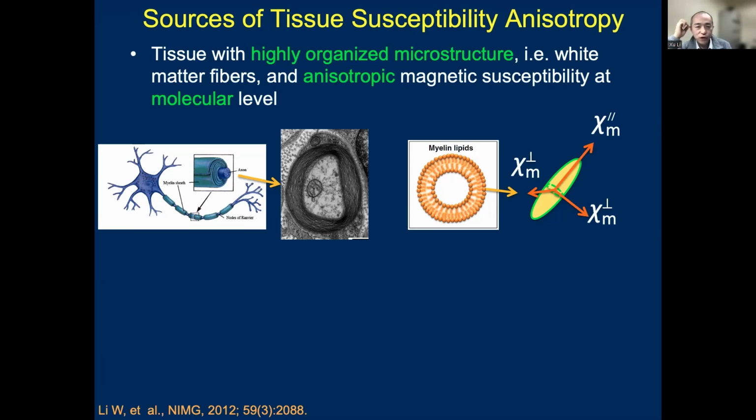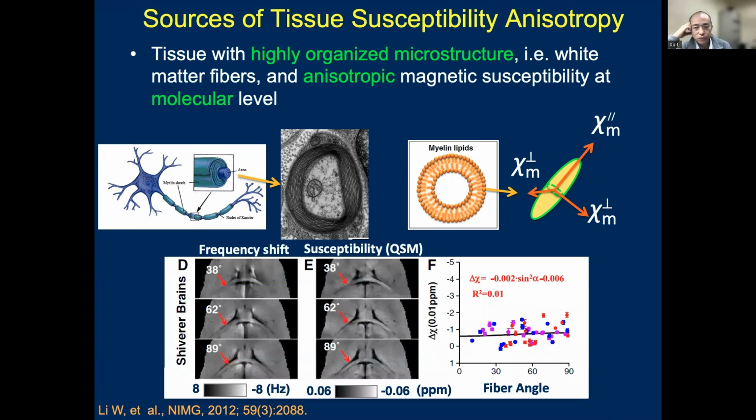So without such structures, the bulk susceptibility anisotropy would disappear. This was nicely demonstrated in the early studies from Chunlei Liu's group in the shiverer mice. The shiverer mice don't have the myelin sheaths, and then you would see no or very negligible orientation dependence of the susceptibility.